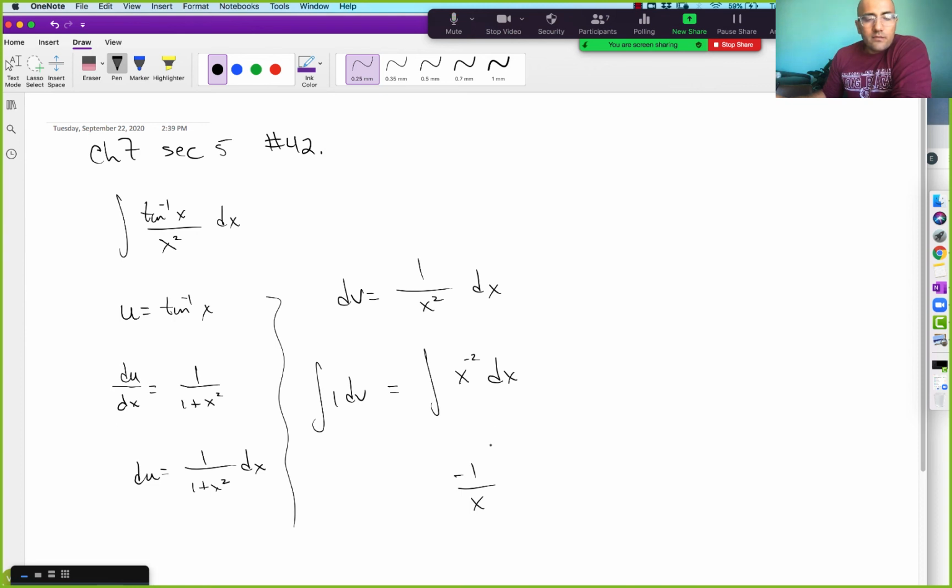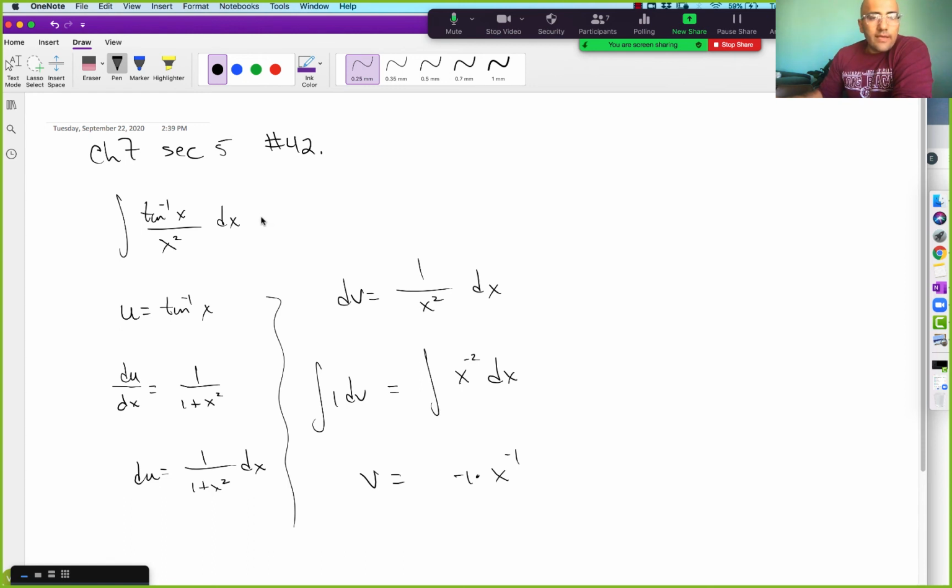I'll just write it as x to the negative 1. So v equals negative 1 times x to the negative 1 power. The derivative of this becomes positive. Minus 1 becomes that guy.